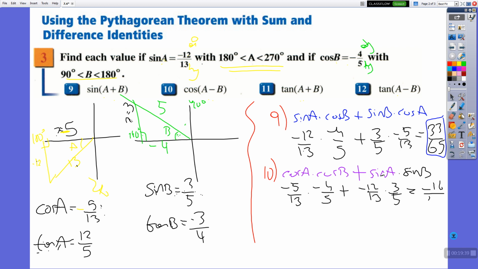The result is negative 16 over 65. That's it. You can do the same for tangent A plus B, A minus B, because we already found tangent A and tangent B, by just substituting them into their places.